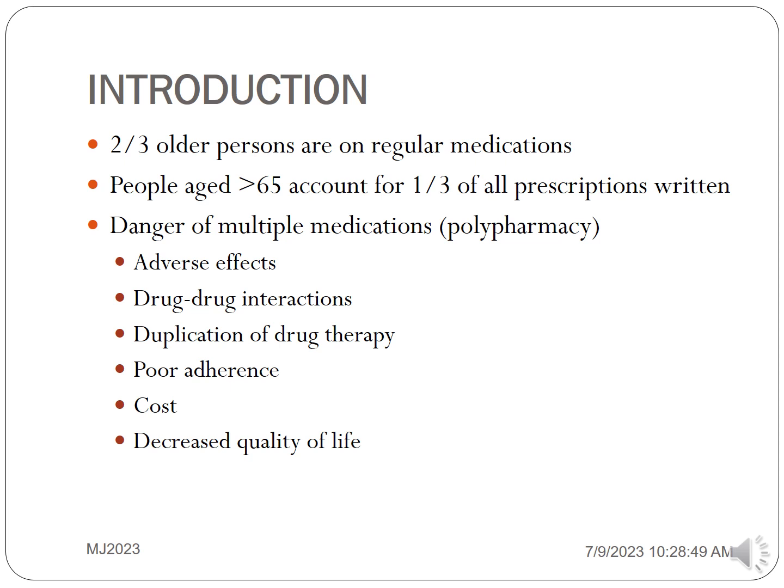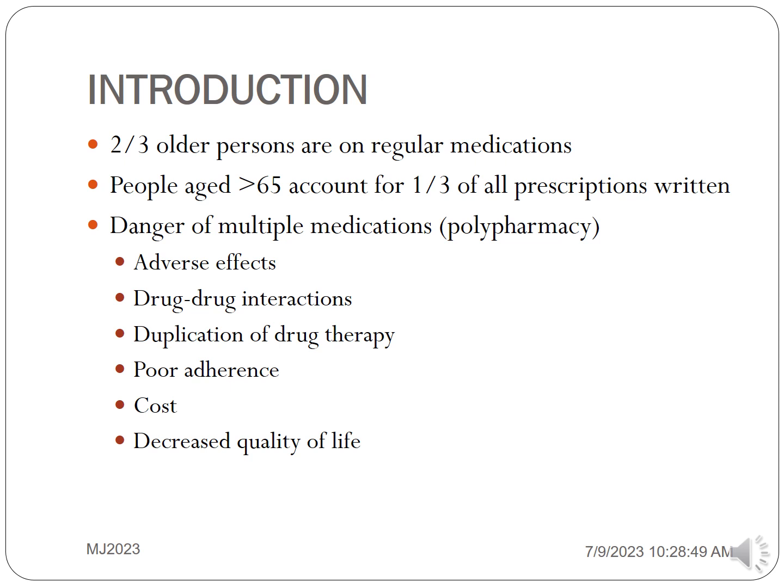Okay, now let's begin. About two-thirds of older persons are on regular medications. People aged 65 and above account for about one-third of all prescriptions written. However, we need to understand that taking polypharmacy or taking multiple medications is associated with adverse effects, drug-drug interactions, duplications of drug therapy.